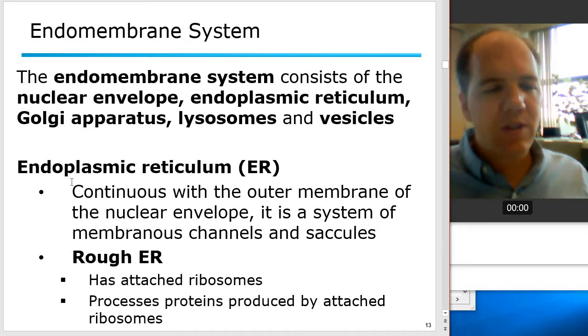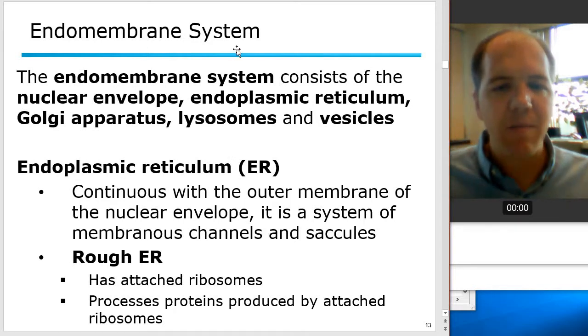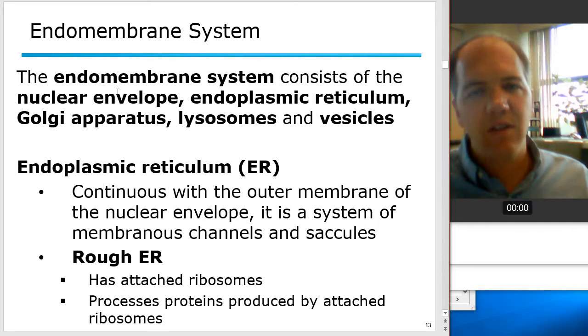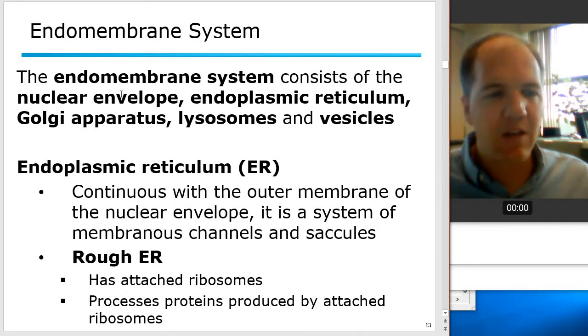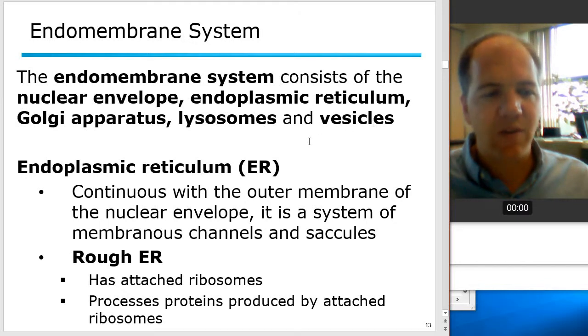These proteins can be produced in different places. One of the places they are produced is the endoplasmic reticulum, and it's part of what we call the endomembrane system. These are organelles within the cell that are surrounded by membranes, and they're all kind of working together. The endomembrane system has the nuclear envelope around the nucleus, the endoplasmic reticulum, the Golgi apparatus, lysosomes, and also vesicles.